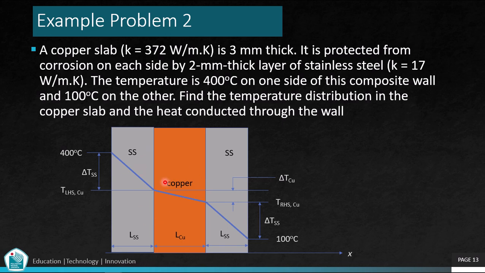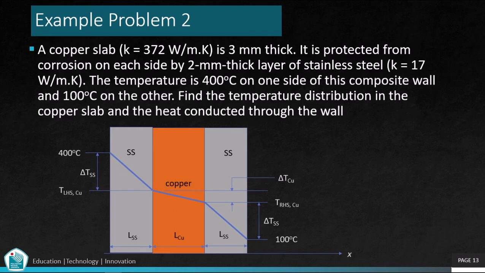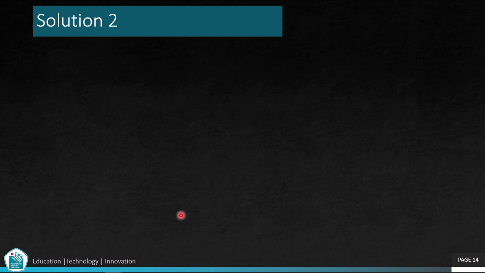And we can assume that the copper will be virtually isothermal at the average temperature of, so this is 400 and this is 100, so 400 plus 100 divided by 2, so the copper temperature may be around 250 degrees C. So we can estimate the heat flux by using this model.